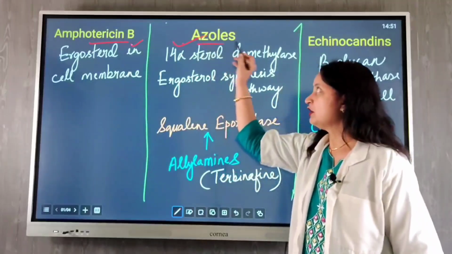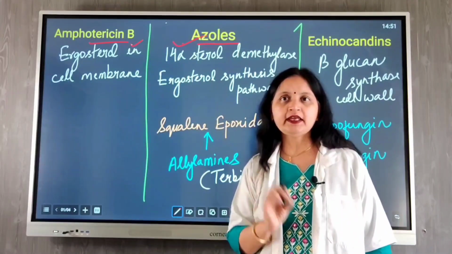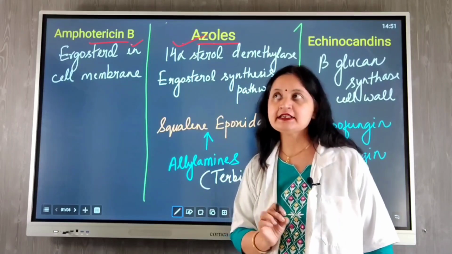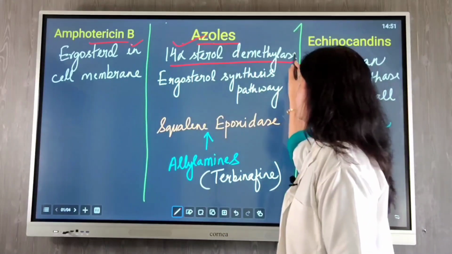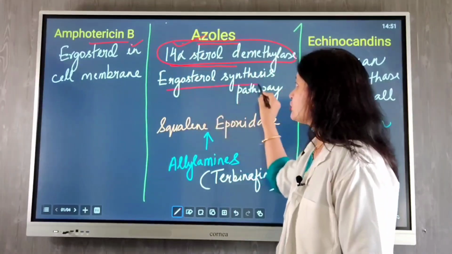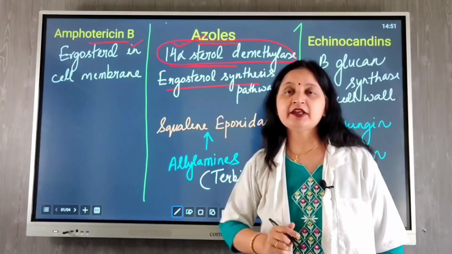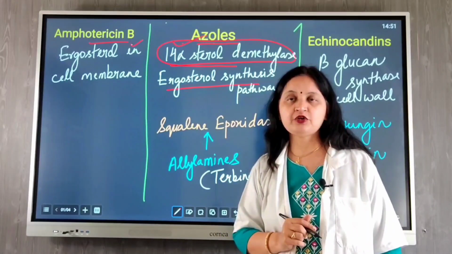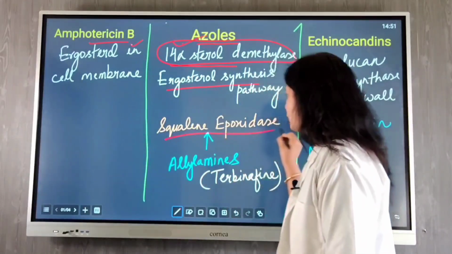When it comes to azoles, they act on the ergosterol synthesis pathway by inhibiting an important enzyme, that is 14-alpha-sterol demethylase. So by inhibiting 14-alpha-sterol demethylase, ergosterol synthesis is inhibited. Remember, there is another enzyme that is responsible for the synthesis of ergosterol, and the name of the enzyme is squalene epoxidase.